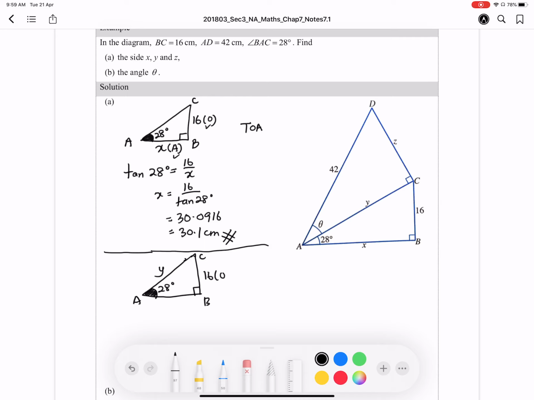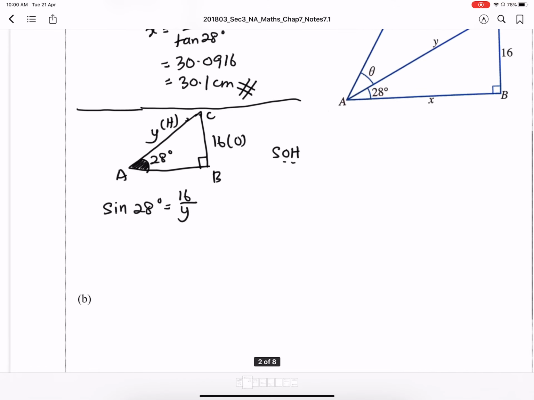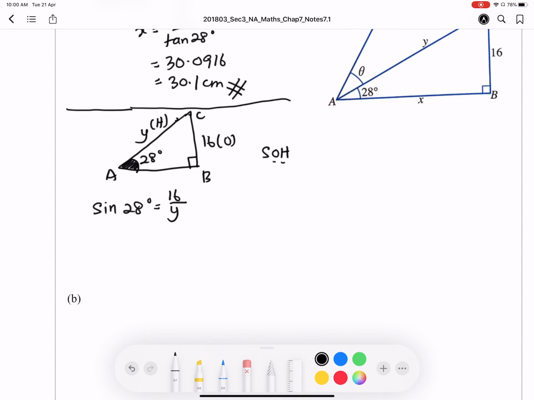We have 16 as opposite and Y as the hypotenuse, so we are going to use O and H. Sine of 28 degrees will be opposite, that is 16, over hypotenuse, that will be Y. So we can get the value of Y from 16 over sine 28 degrees.